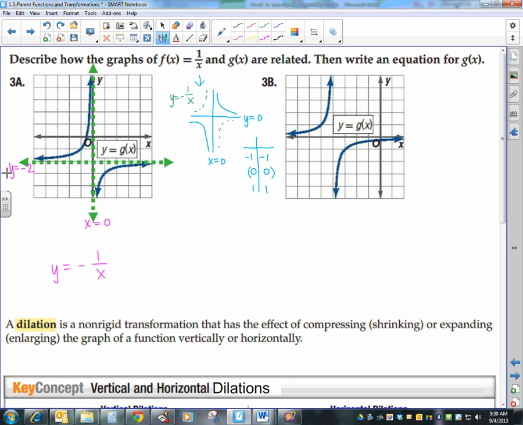That affects my y. When I do the y, it's outside, it's not with the x, and I do the same thing. So that gives me y equals negative 1 over x minus 2. They want me to write it as g of x, so we'll write g of x equals negative 1 over x minus 2.